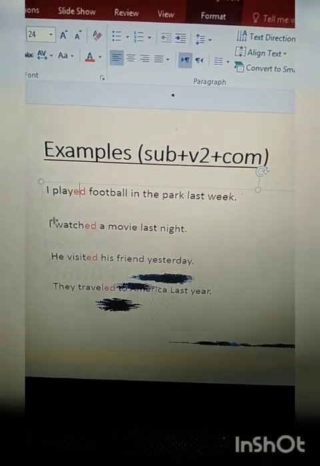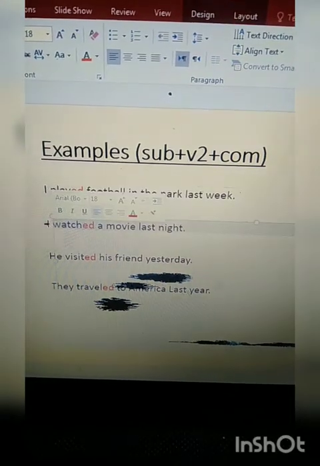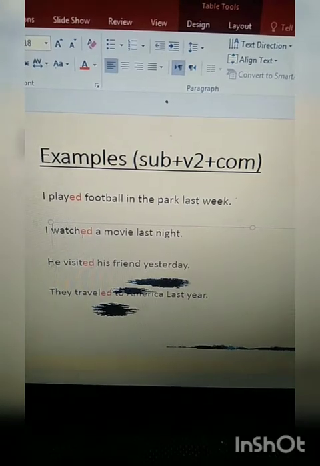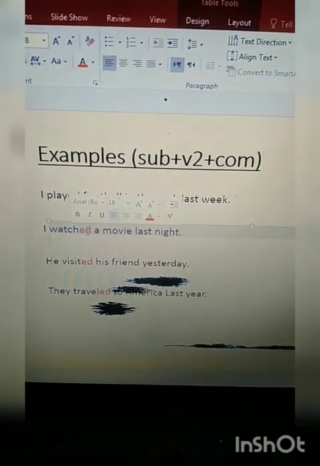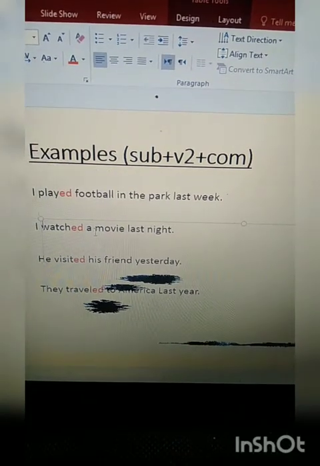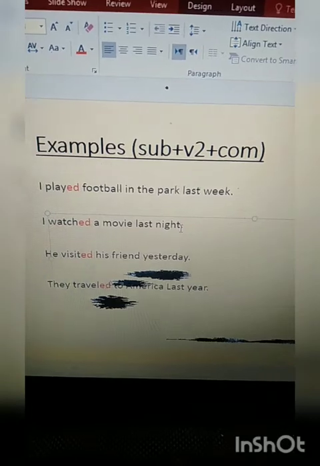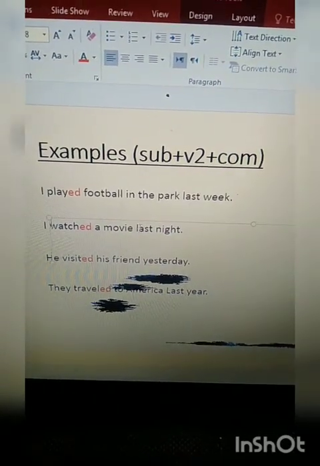I watched a movie last night. The same here. I is the subject. Watched is the verb, which is a regular verb because it ends with ed. A movie last night is the complement. And you have to pay attention. Here we have a keyword, last night.